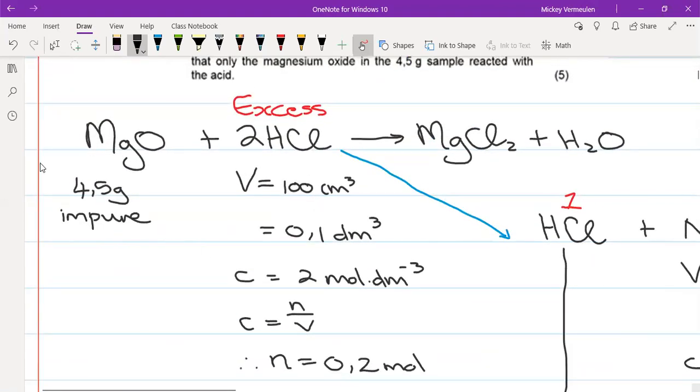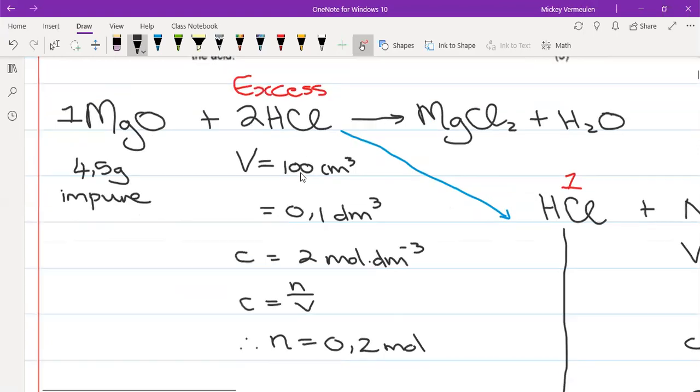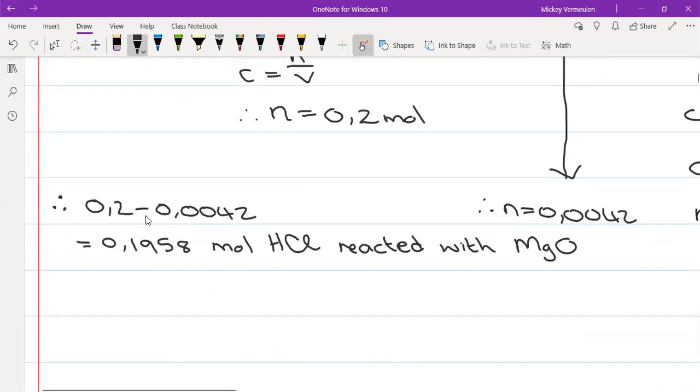Okay, now we have to look at the ratios. Guys, if we write nothing in the front, we assume that it's a 1. So 1 mole of magnesium oxide reacts with 2 moles of hydrochloric acid. So if I need to know how many moles of magnesium oxide I started with, I divide the number of moles of hydrochloric acid that reacted by 2.